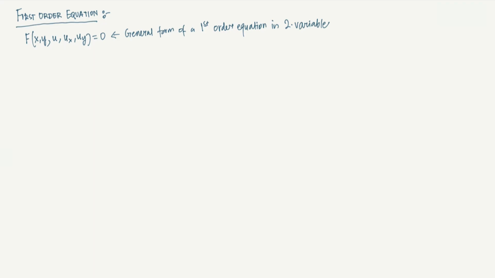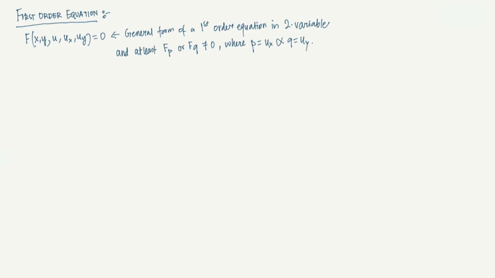Okay, here one of the things which we need is that f with respect to p or f with respect to q is not 0, where we are denoting p by u of x and q by u of y.